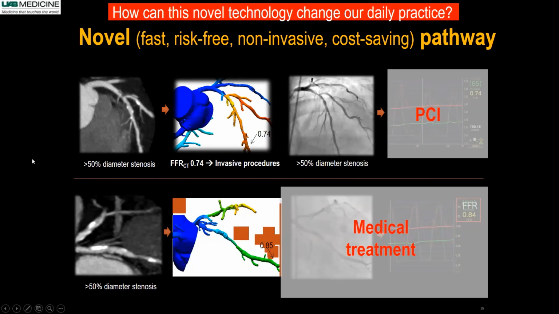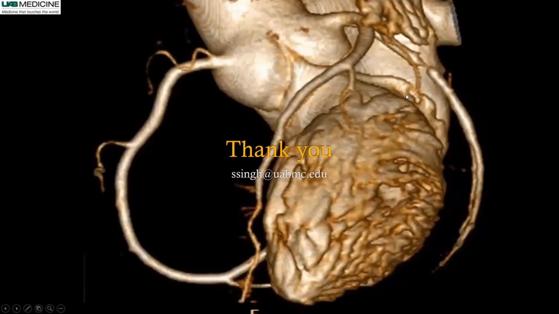This is also helpful in those patients where there are multiple stenoses, one here, one there. So you can calculate the FFR values at multiple areas, and depending on that, it might help you decide which lesion is the culprit to attack or to PCI. So that's it.